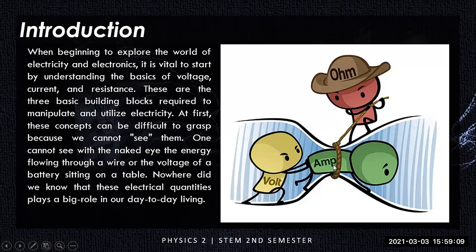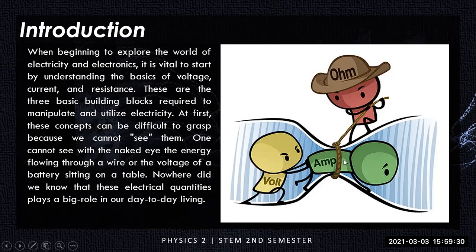By seeing this picture, we can identify that voltage is the one that gives amps a push. So voltage is the one giving the ampere movement. Without voltage, there's no movement of amp.